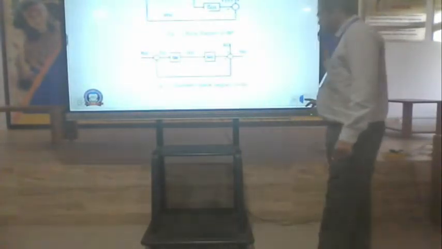If you simplify this overall block diagram, you will get the controller C of S, which has the transfer function Q of S divided by 1 minus Q of S into G tilde of S. Here we are assuming that the model of the system G tilde of S and the transfer function of the system G of S are closely matching. Only then can you obtain this simplified version. Otherwise, it will be a complicated one.